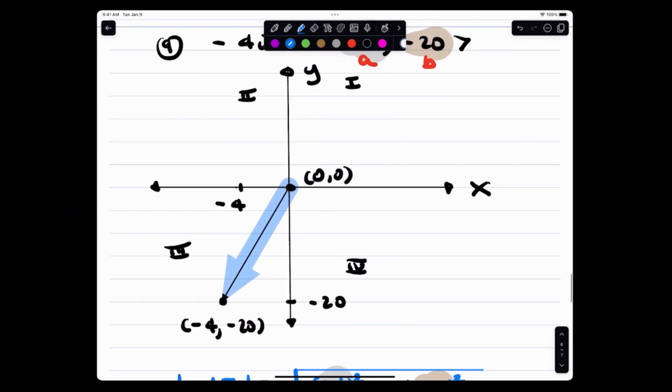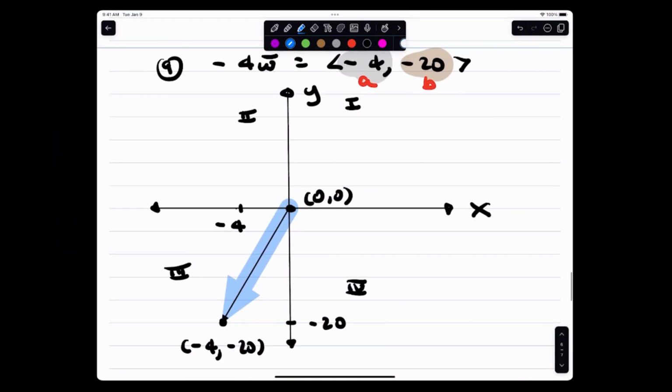What's the whole point of graphing this vector? Yeah, you got to find the correct angle. That's your angle theta. Is that 79 degrees? Absolutely not. So your calculator can't be trusted.